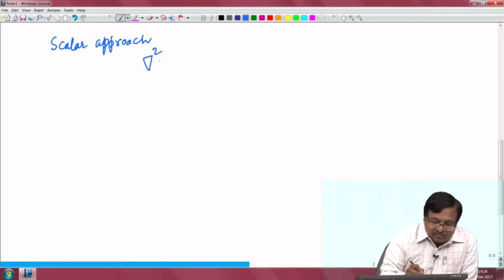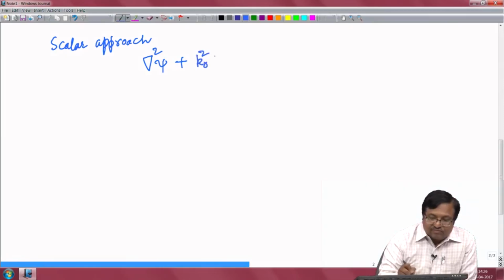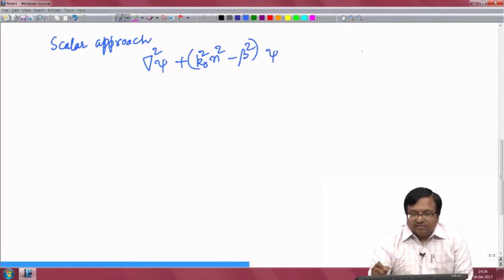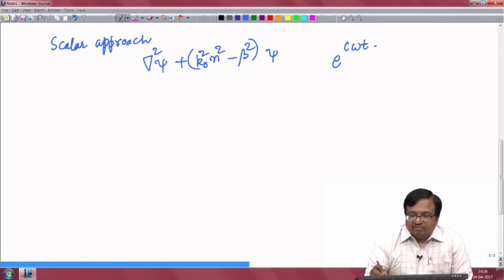So, this is the scalar equation, the reduced scalar equation. We have reduced it by assuming the time and propagation direction variation factor as e to the power i(omega t minus beta z).